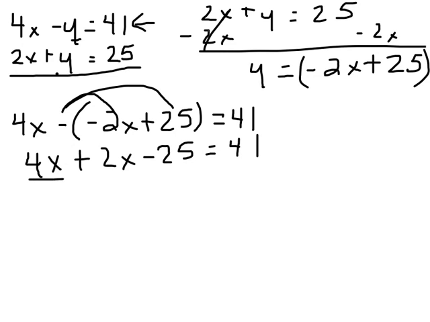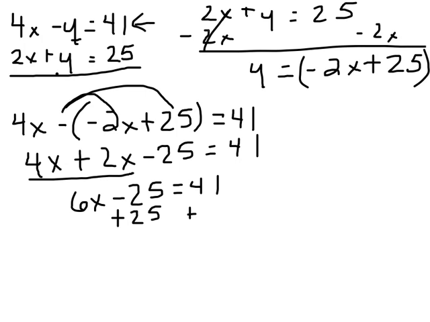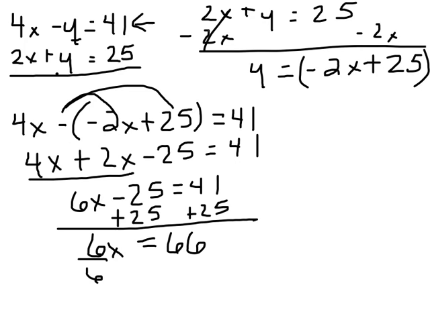Let's add my like terms. 4x plus 2x is 6x minus 25 equals 41. Now we're going to add 25 to both sides. 6x equals 66, and if I divide by 6 on both sides, I'm going to get x is equal to 11. Now that I know what x is equal to, let's use this one.